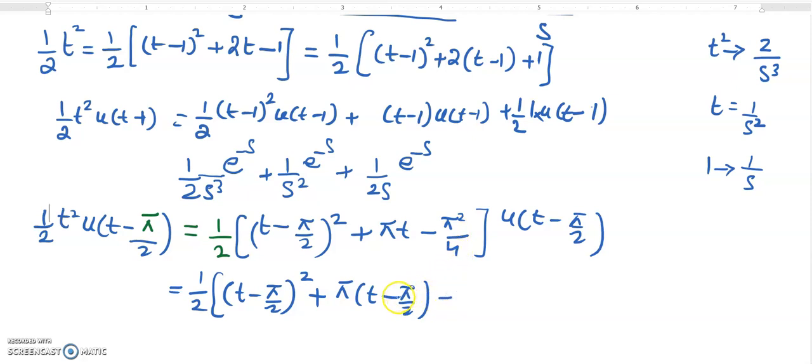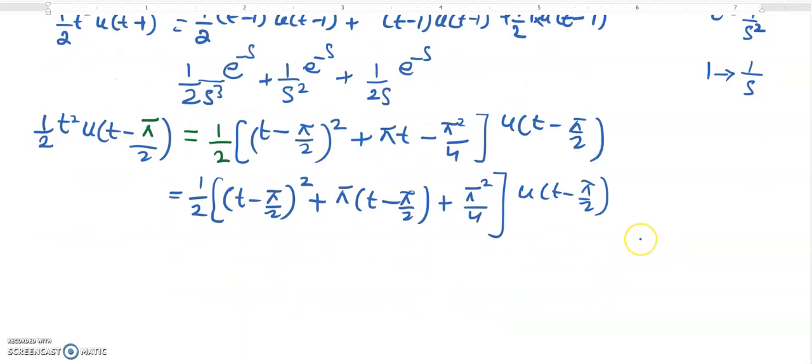So minus pi by 2, and then if I add pi squared by 4, it will be minus pi squared by 4, because it will be minus 1 by 2 plus 1 by 4, which is actually minus 1 by 4. Okay, so u(t minus pi by 2). So now we have made it into the standard form.